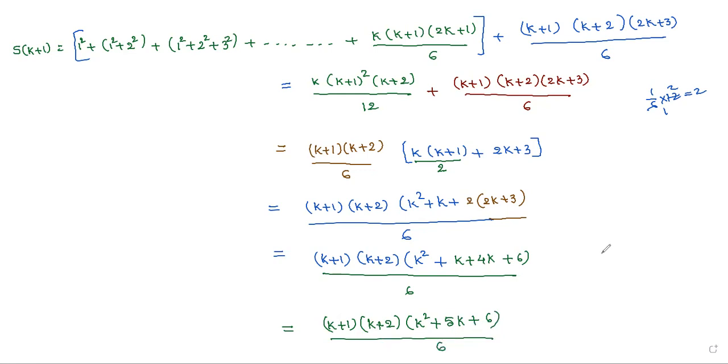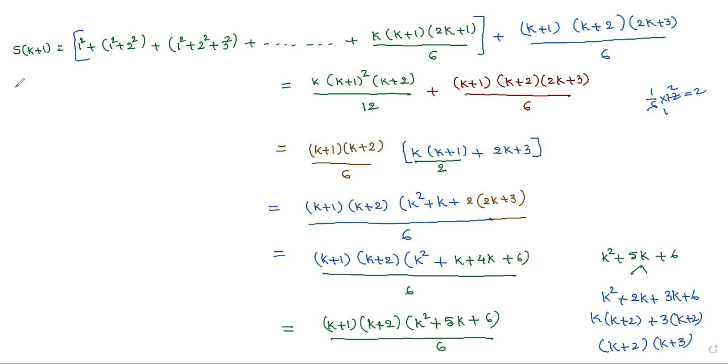So splitting the middle term, k square plus 5k plus 6: k square plus 2k plus 3k plus 6. K is common, k plus 2. 3 common, k plus 2. Finally, k plus 2 into k plus 3.